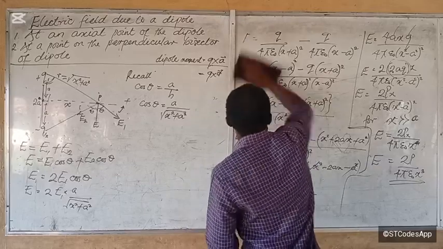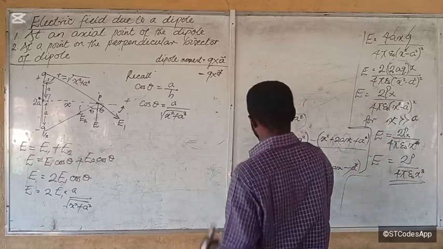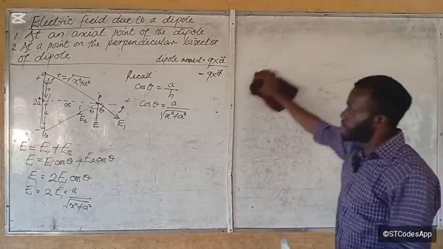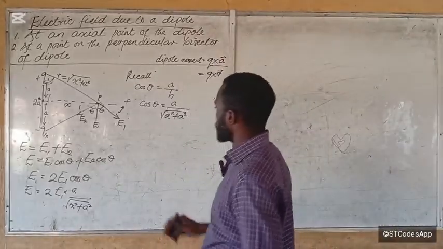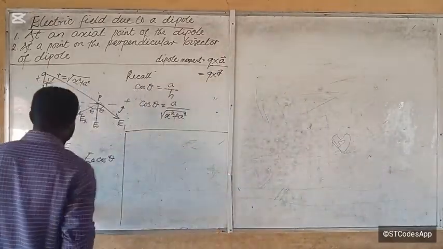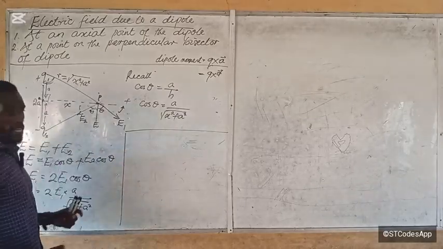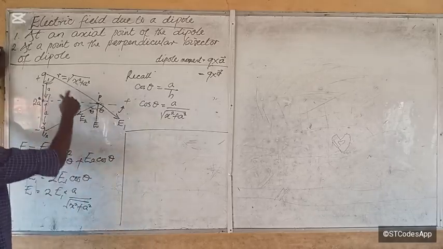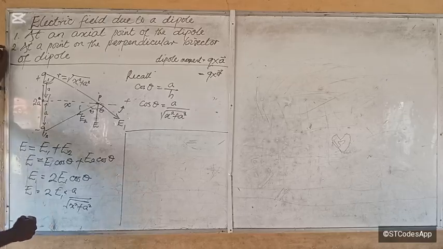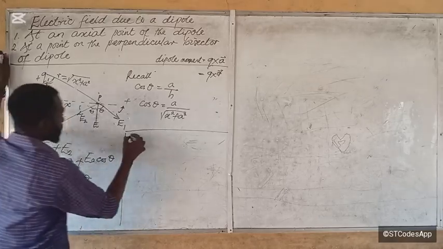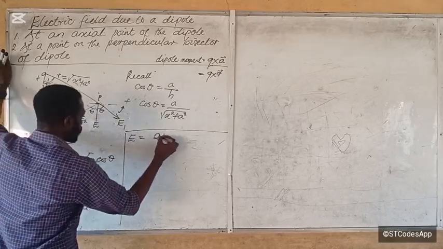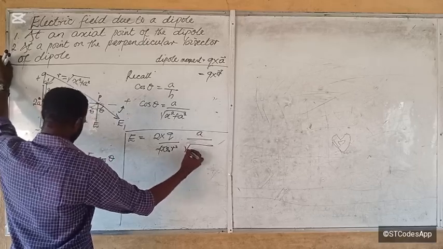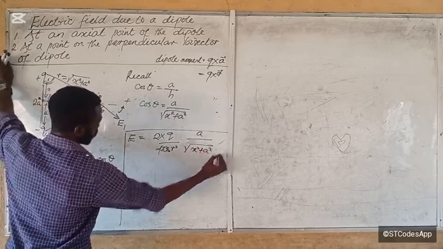I'm going to clean this part now. So from here, since E is Q over 4 pi epsilon naught R squared, and this place is our R, E will be equal to 2 multiplied by Q over 4 pi epsilon naught R squared, dot A over the square root of x squared plus A squared.